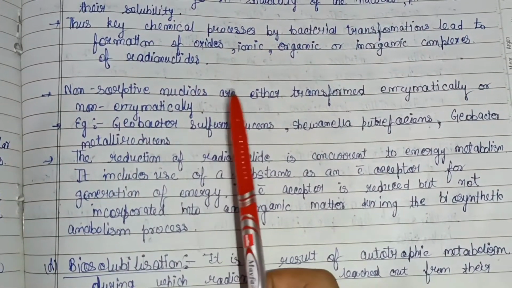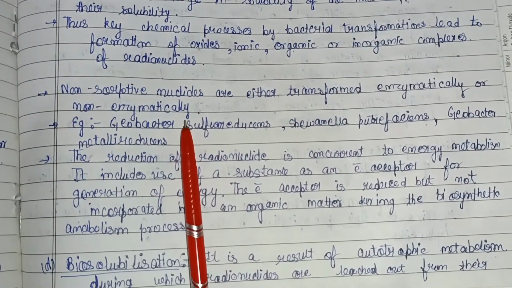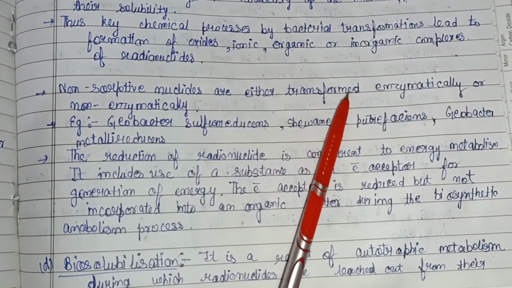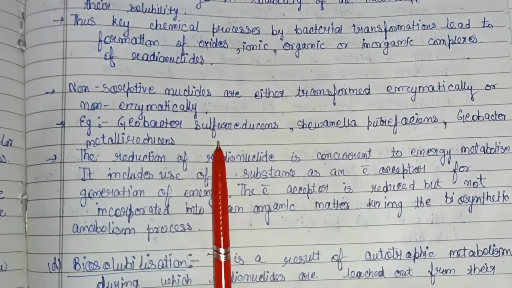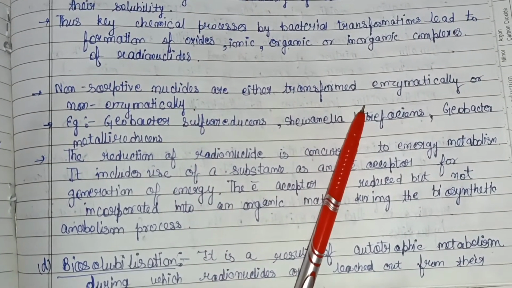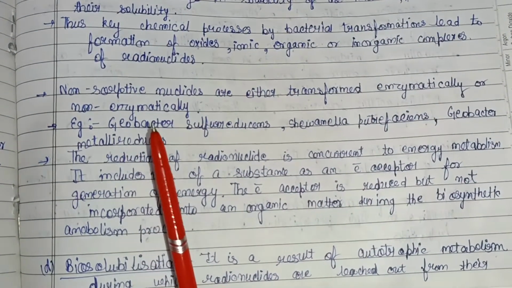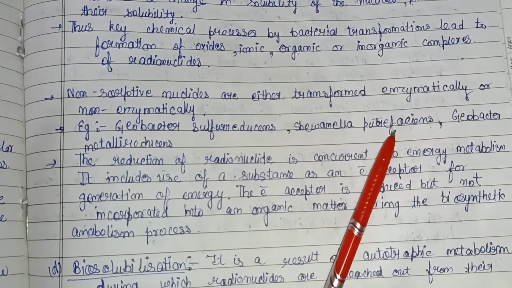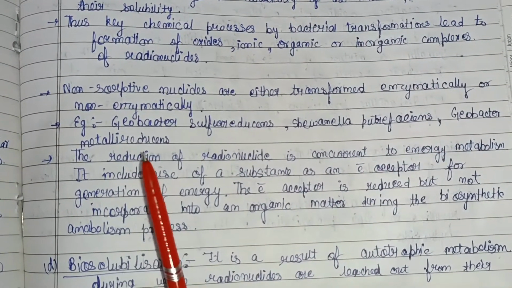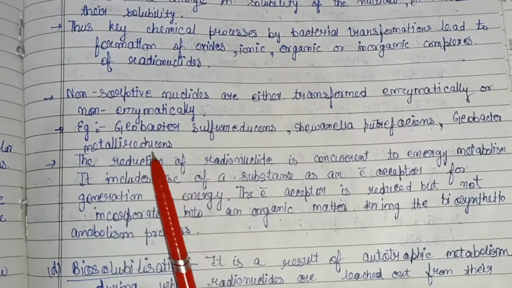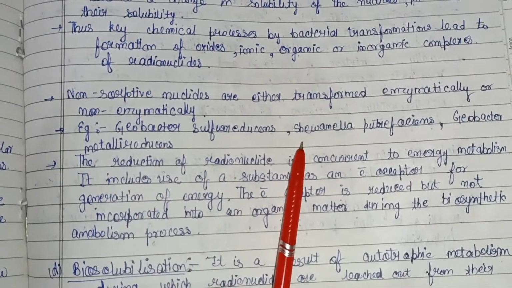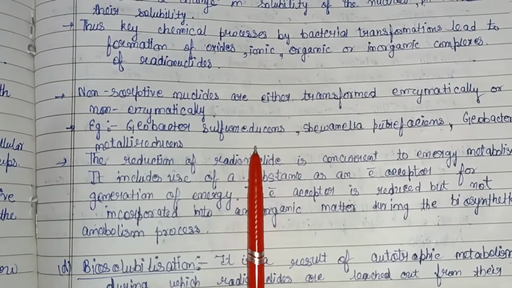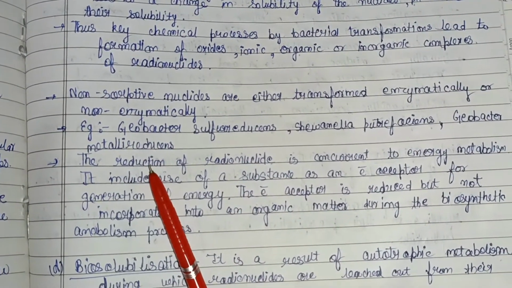Non-absorptive nuclides, that is those that are not absorbed by the bacterial surface, are transformed either enzymatically or non-enzymatically, where enzymes are used. Examples are Geobacter sulfurreducens, Shewanella putrefaciens and Geobacter metallireducens. So these are the bacteria which are usually used for the process of biotransformation.